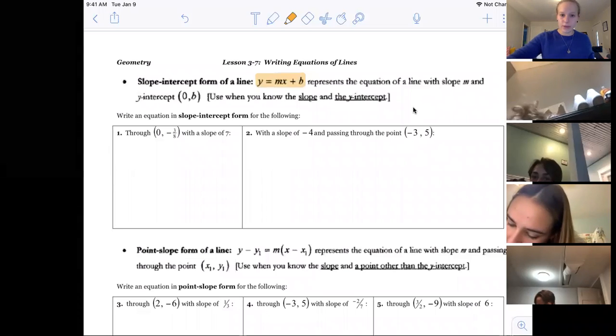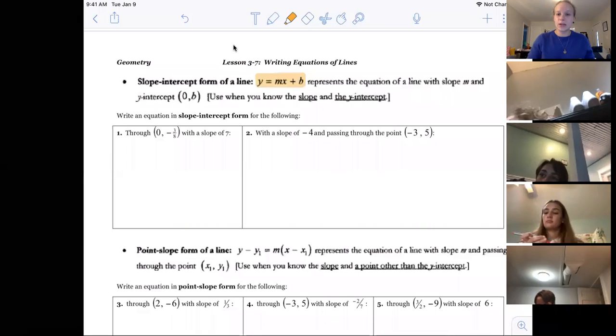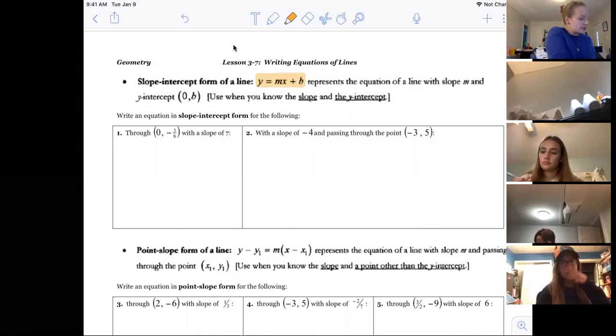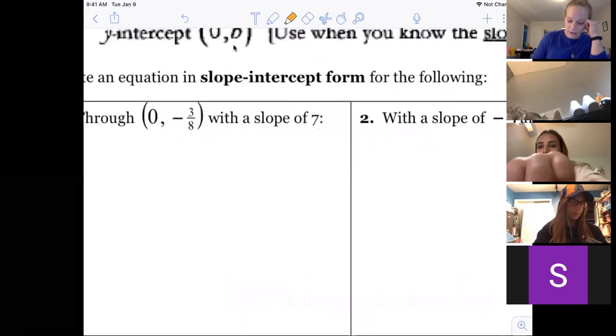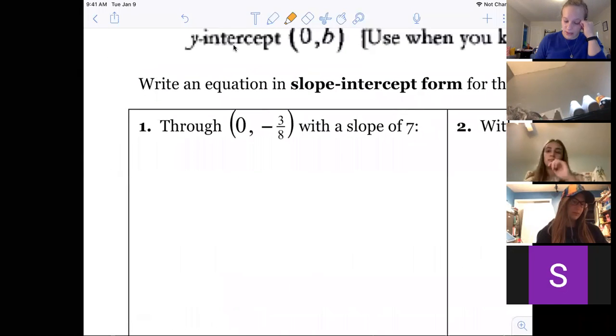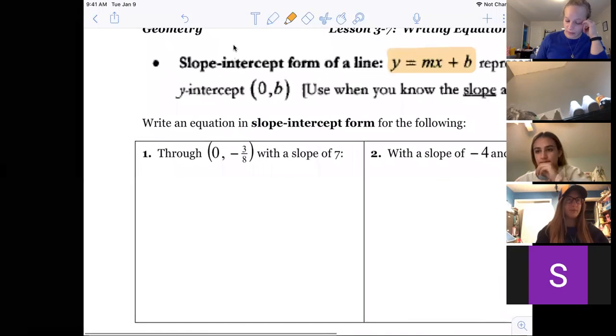So slope-intercept form is y equals mx plus b, and it represents an equation with slope m and y-intercept (0, b). So if I give you a point like this, (0, -3/8), and a slope of 7, then we're allowed to solve and write it into slope-intercept form.